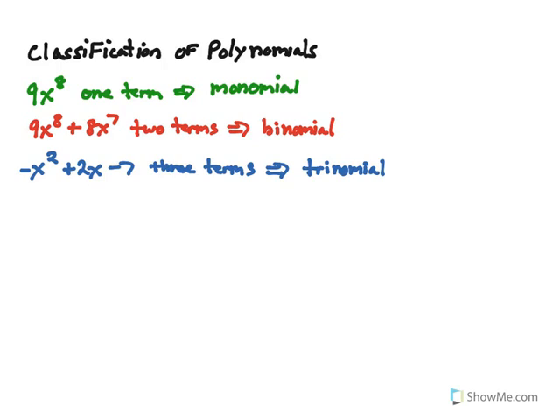And if you have a polynomial greater than 3 terms, for example, this one, okay, that is basically classified as 4 or more terms.